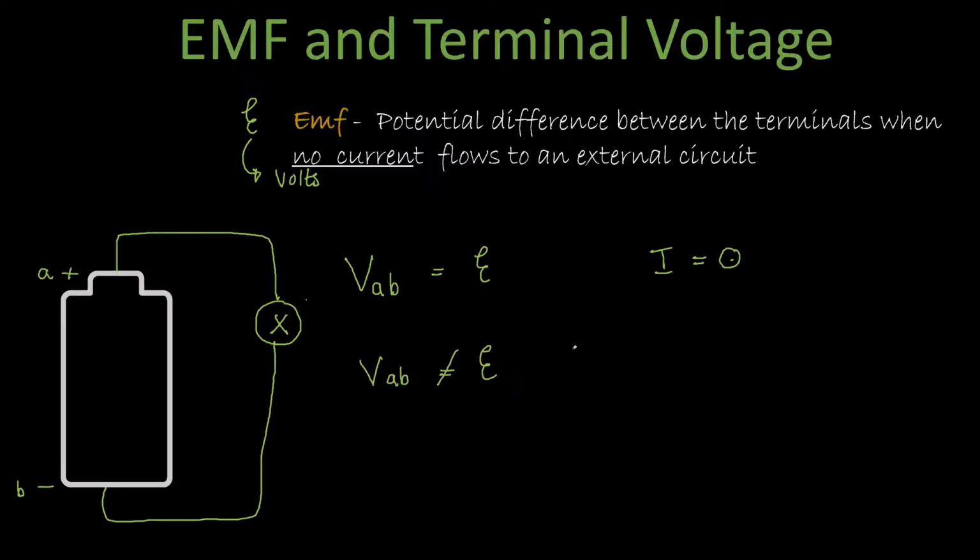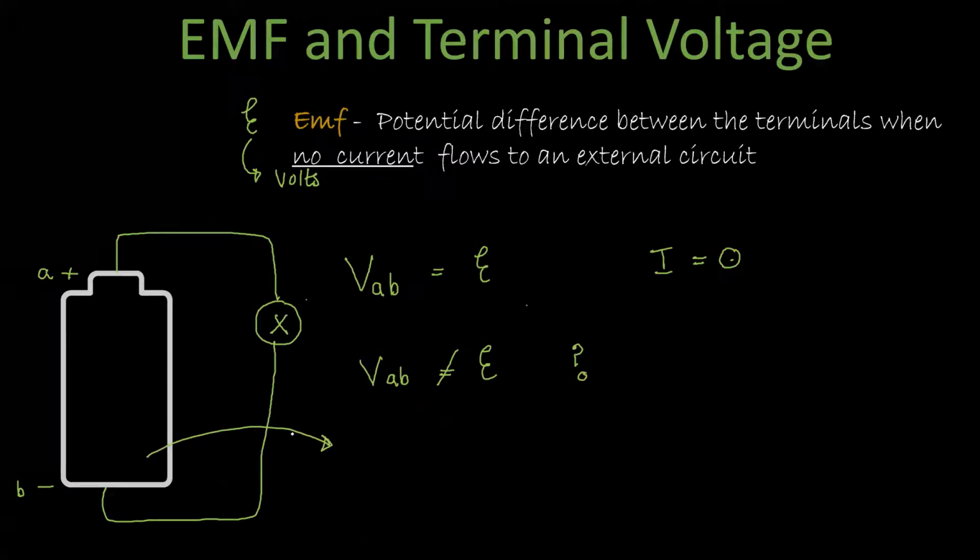So why? The main problem we have right now is, why is this happening? Your terminal voltage and the EMF will be different when there is an internal resistance inside your battery.